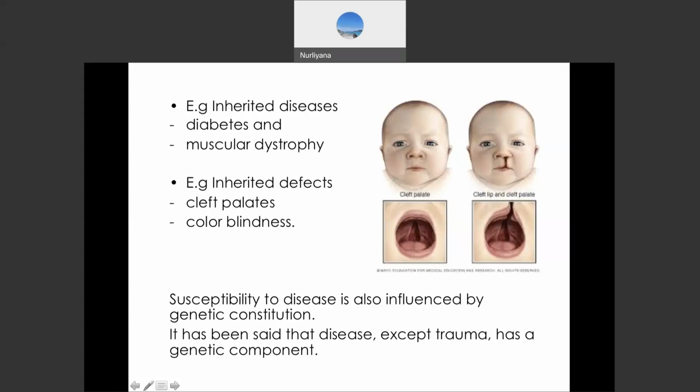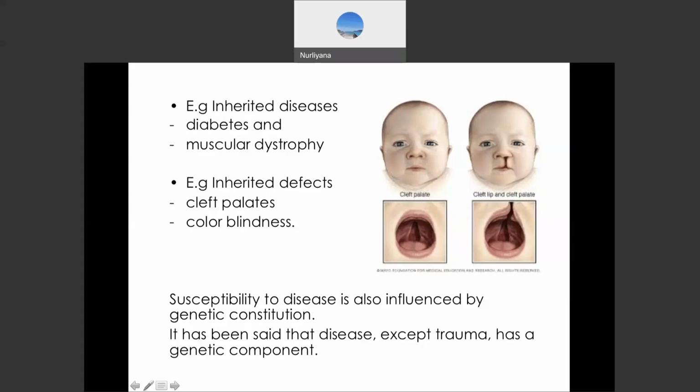For example, in the right hand side picture, you can see the cleft palate of a baby, where there is a defect of the palate, dekat atas langit. They can also occur as a cleft lip, and together with the cleft palate, the baby would have difficulties to ingest food, which will affect its growth.